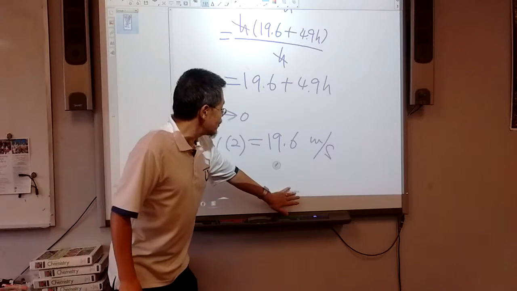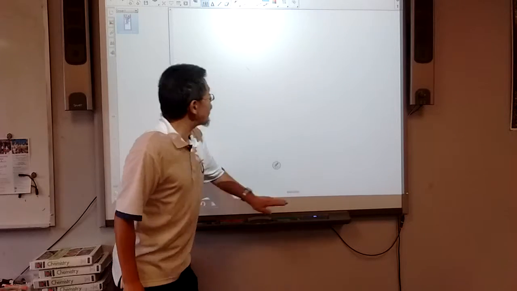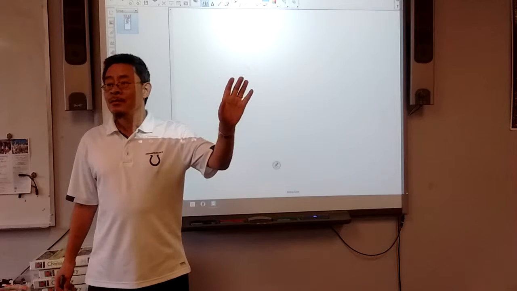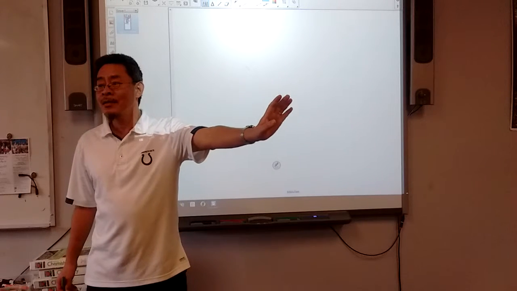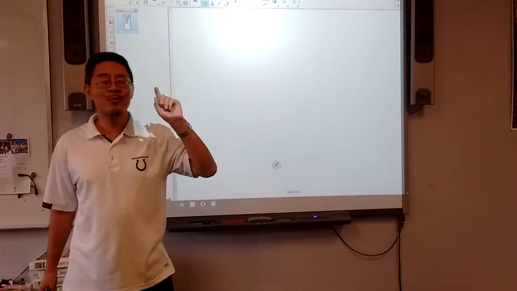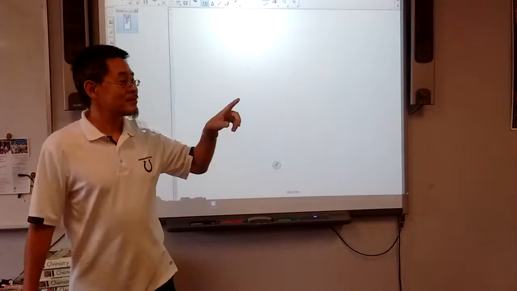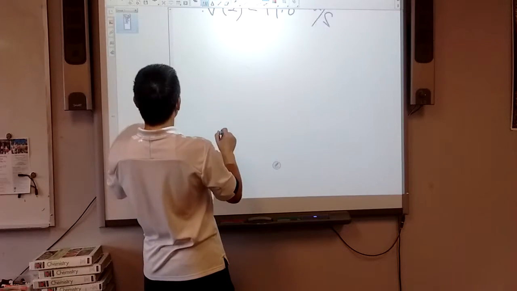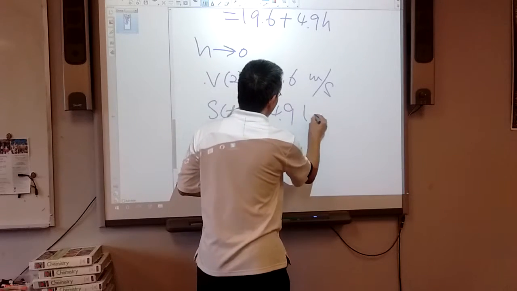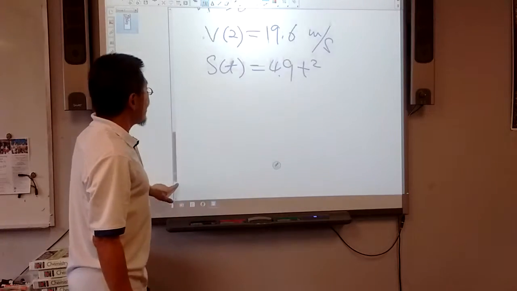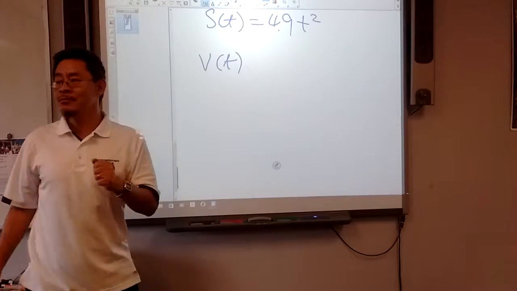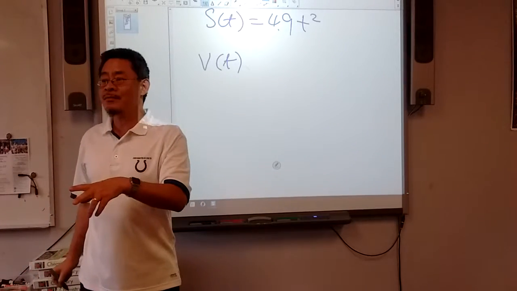What happens if we say, okay, can we find the instantaneous velocity everywhere from 0 to whatever time? How do we do that? So how do we pick our first point? Remember our function. S of t is 4.9 t squared. So now we want to find instantaneous velocity at any time, not just t equals 2 seconds.